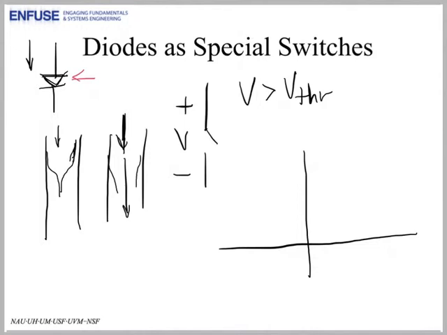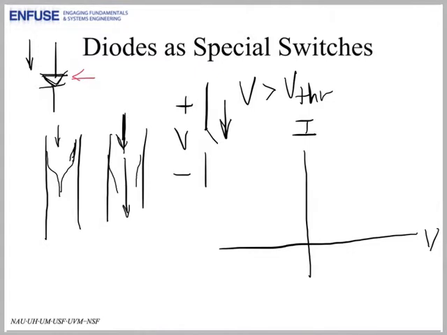Here we plot the current through the diode, I, as a function of the voltage across it. Now remember, a diode is a one-way valve. So like our flap valve here, we want a device that allows current to flow in just one direction but prevent it from flowing in the other direction.